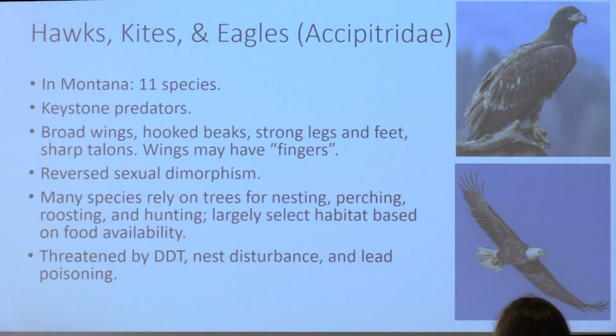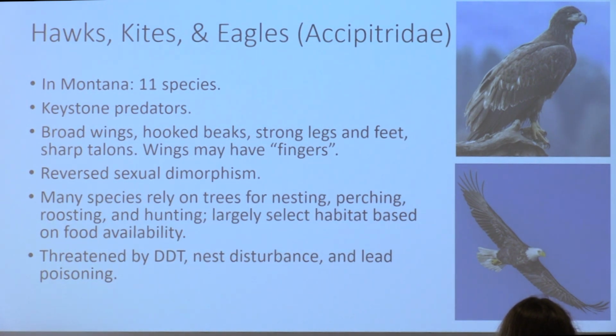Hawks, kites, and eagles. So we have 11 species in Montana. These are considered keystone predators. And who knows what a keystone species is? Good indicator of how the species it preys upon is doing. Yeah, so a keystone predator usually adapts to the level of population that its prey has.